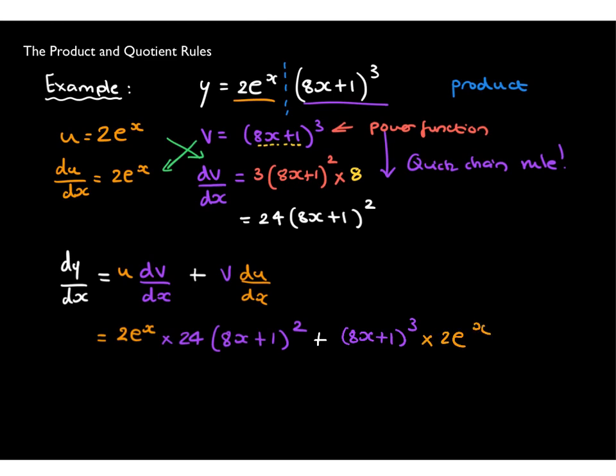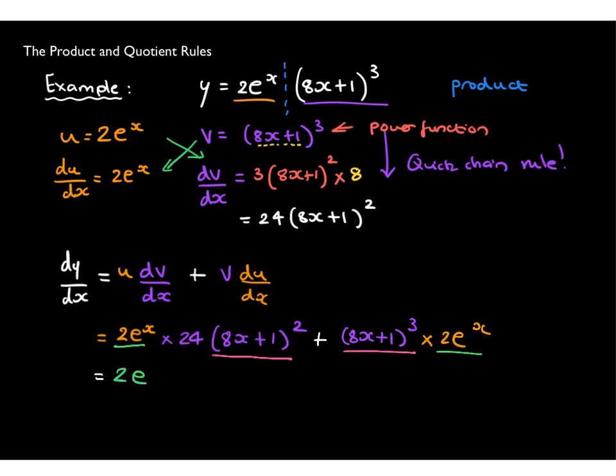So what can we factorise? Well, we have a 2e^x and a 2e^x, and we also have, if we look at the part in brackets, (8x+1)^2 and (8x+1)^3, taking the lower of the two powers.